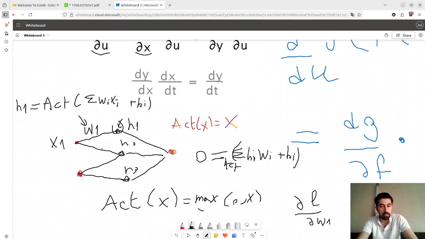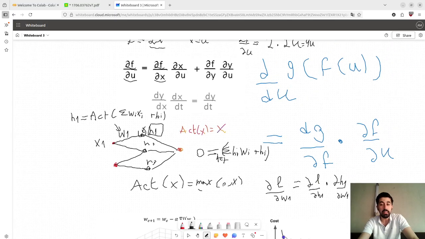And the loss doesn't depend on W1 directly, it depends on H1. So we apply the chain rule, so we get the derivative of loss with respect to H1 multiplied by the derivative of H1 with respect to W1.